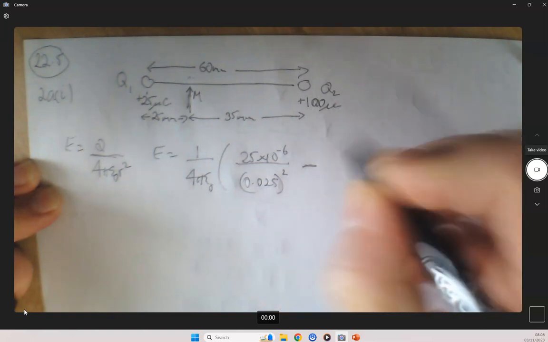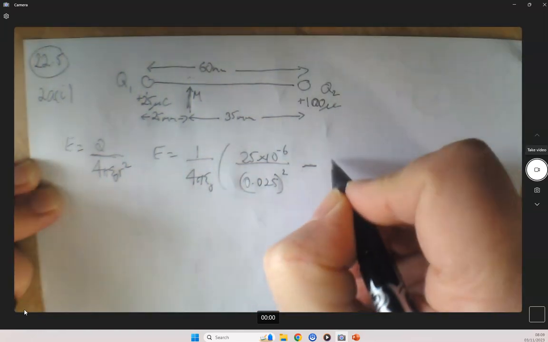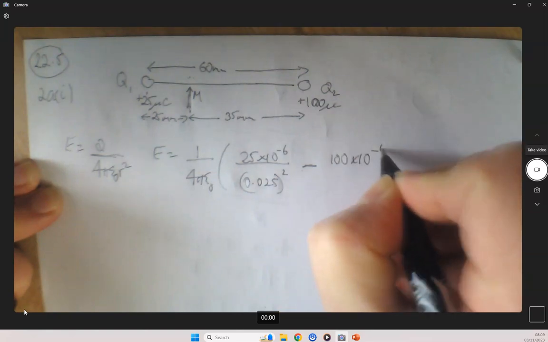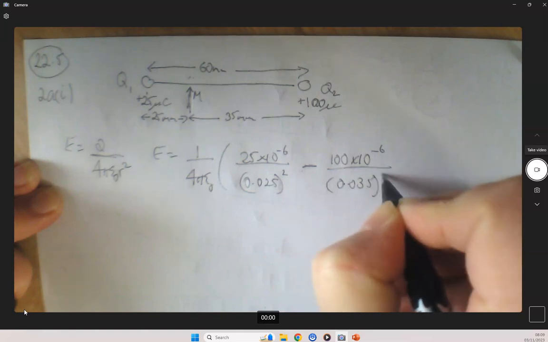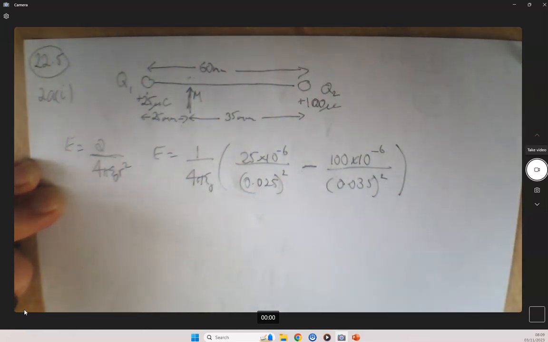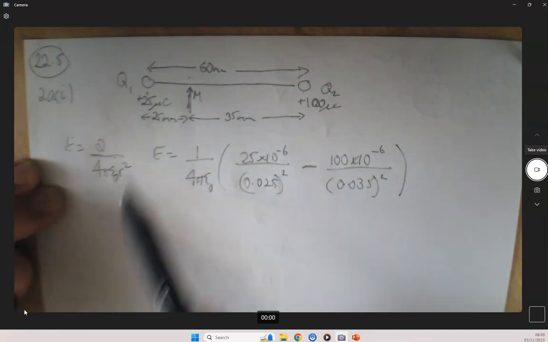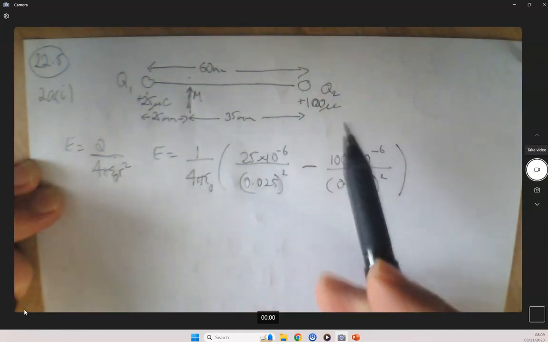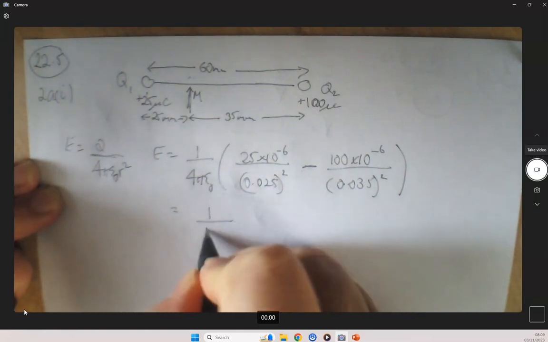Now, acting in the opposite direction, so I'm going to give a negative sign, is going to be the 100 times 10 to the minus 6 over 0.035 all squared. So that's going to be my overall electrical field strength, taking account of the first charge and the second charge acting in the opposite direction. We've then got 1 upon 4 pi.